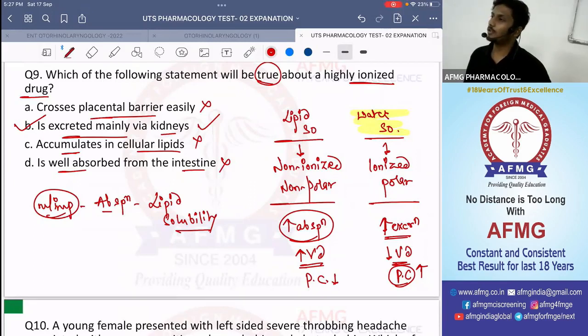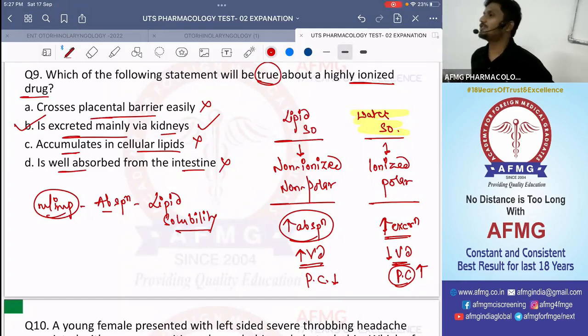Okay, and therefore the water soluble drugs usually, if their absorption is very less, we will give them in parenteral route. Enteral routes are the ones where the absorption will take place by the intestines. These are either the oral route or the rectal route. Whereas the parenteral routes are the ones where we will bypass the intestine. Those are your injectable routes, like your intravenous, intramuscular, subcutaneous.